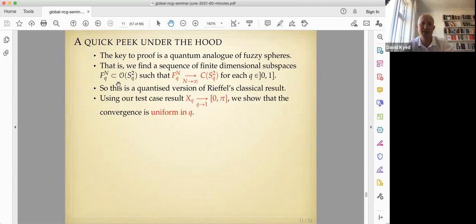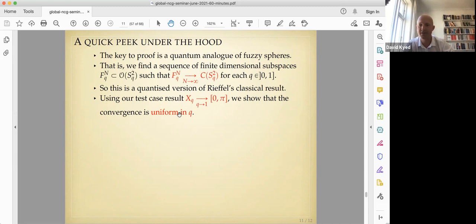And if you look at the proof of our little test result, namely that these quantized intervals approach the classical interval, you can actually use this extremely concrete formula for the metric on the spectrum of A to show that this convergence is suitably uniform in Q, meaning that if you're given a certain tolerance and you move your parameter Q close enough to 1, you can make sure that from a certain n onwards, all these fuzzy spheres are close to the corresponding Podleś sphere.